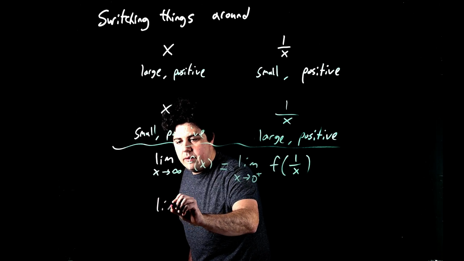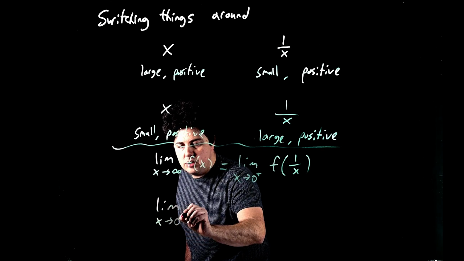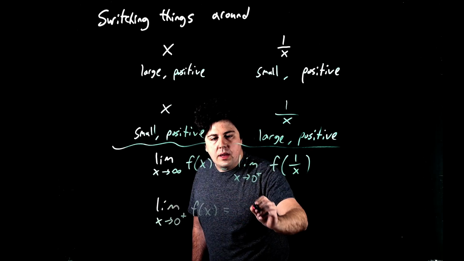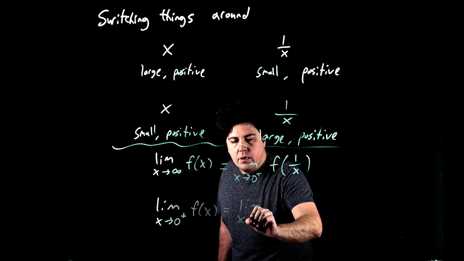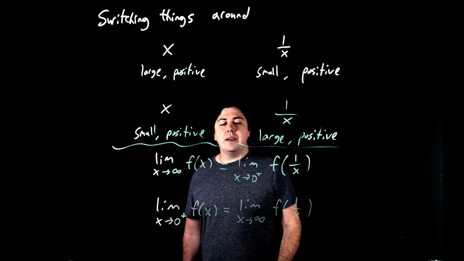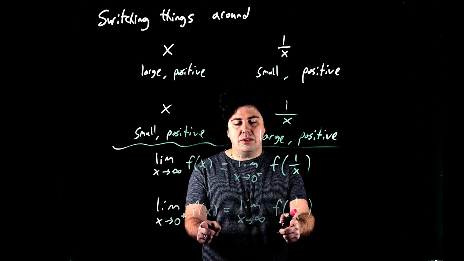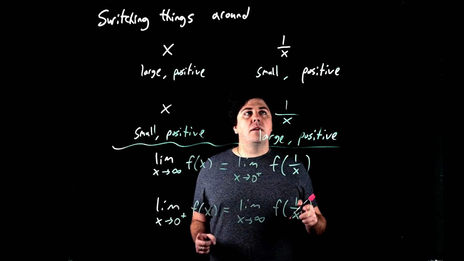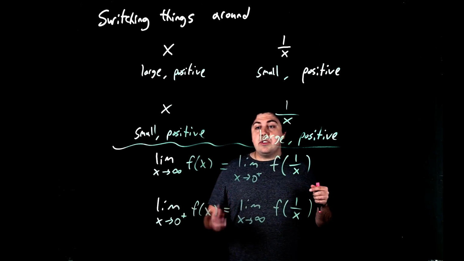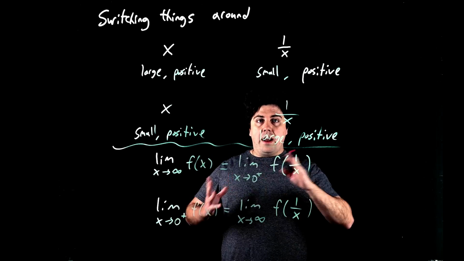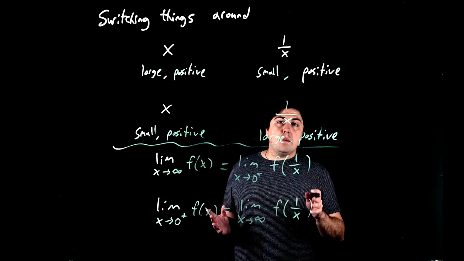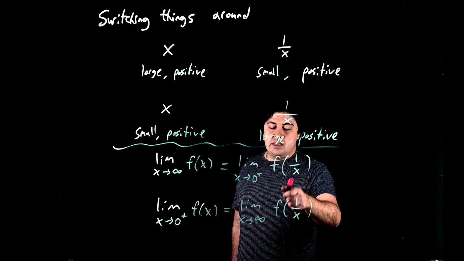Similarly, the limit as x goes to 0 from the right of f at x is equal to the limit as x goes to infinity of f of 1 over x, because indeed what we're plugging into f in both cases is numbers that are becoming arbitrarily small. So this is the idea. This is sort of a supplementary limit law, another way to use a composition of limits type idea. So now let's do some examples actually computing some limits with these ideas.